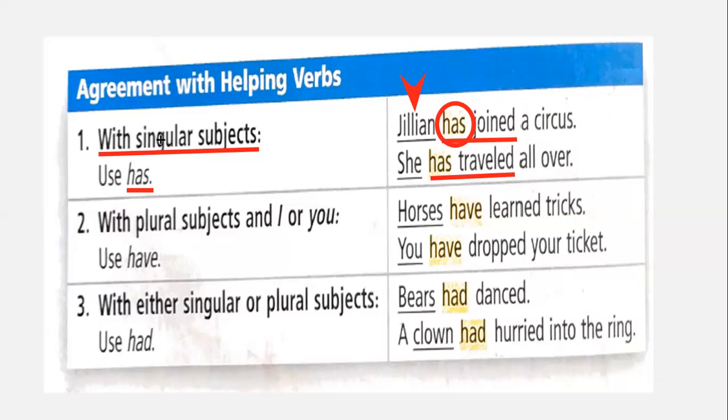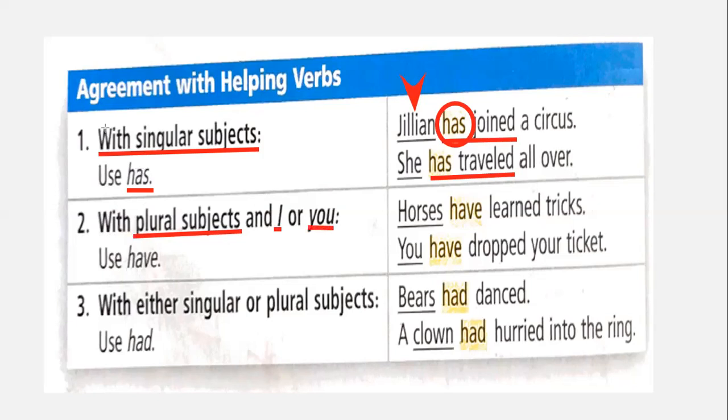Okay? Number two, with plural subjects and I or you, don't forget that these are our exceptions. Remember our exceptions? So with plural subjects, that means if the subject is talking about more than one person, one thing, or one idea, the subject is more than one. And we also have the exception I, and we have the exception you.